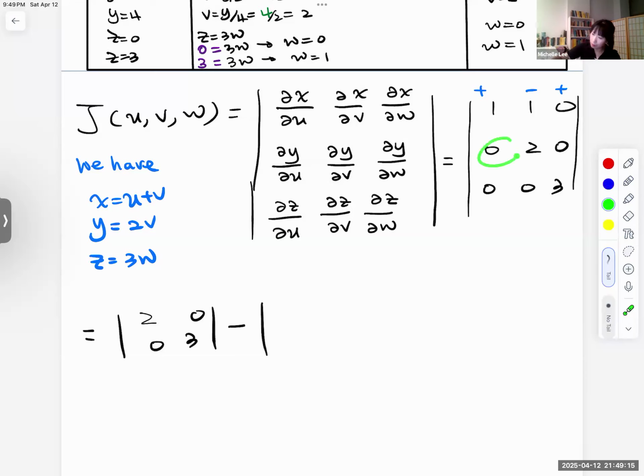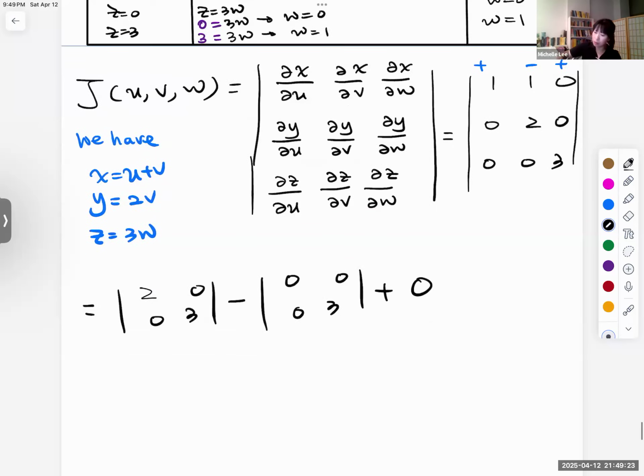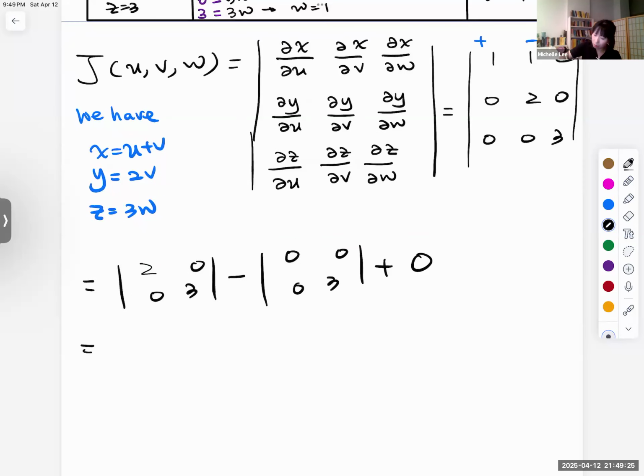Then we are using this. So we have 0, 0, 0, 3, and positive 0. Okay, locally 0. So we multiply this way. So 6 minus 0, and we multiply this one 0. So everything is 0, right? So which is a 6.